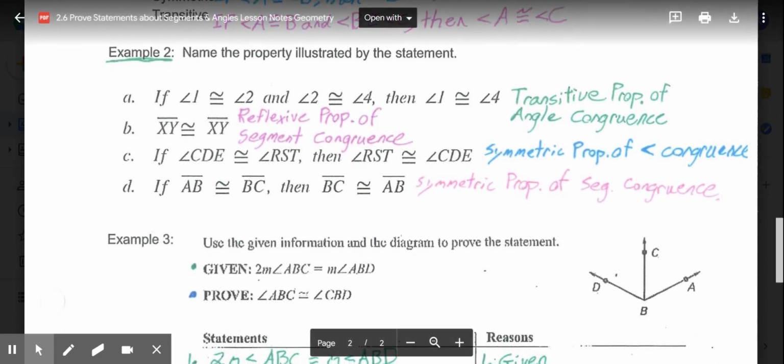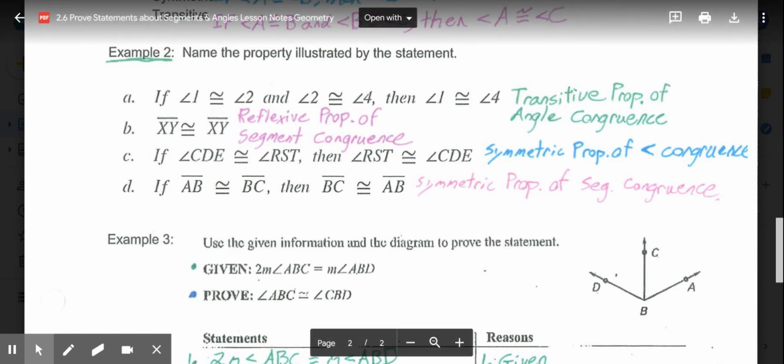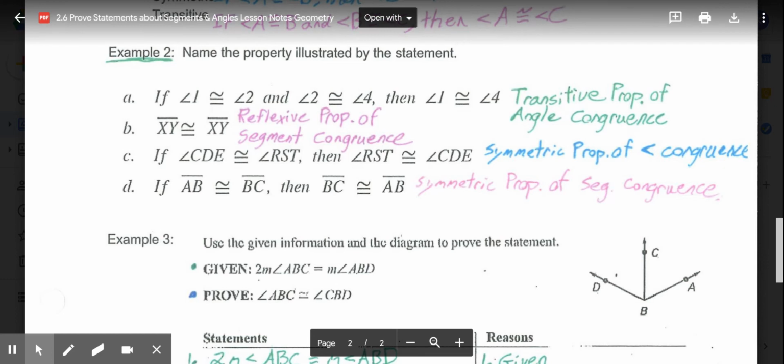So in example 2, we're going to apply some of these properties. It says name the property illustrated by the statement. So in part A, if angle 1 is congruent to angle 2 and angle 2 is congruent to angle 4, then angle 1 is congruent to angle 4 is the transitive property of angle congruence.